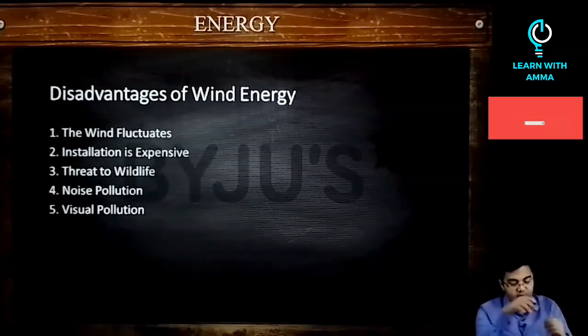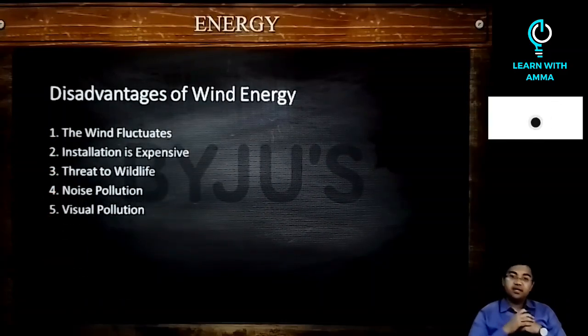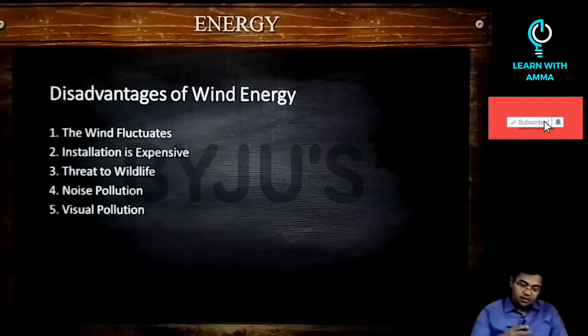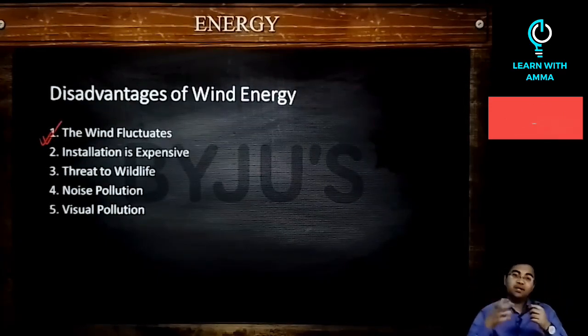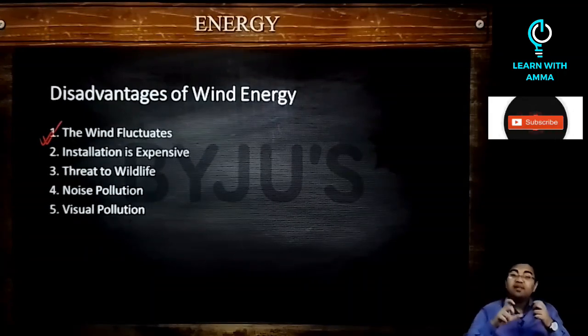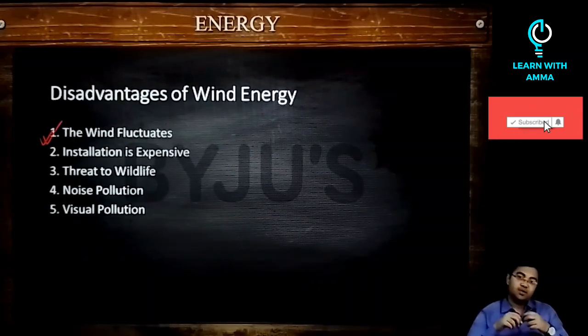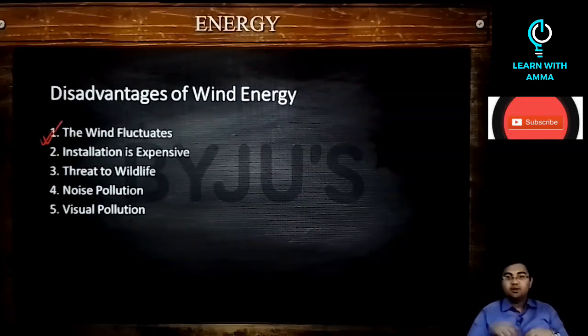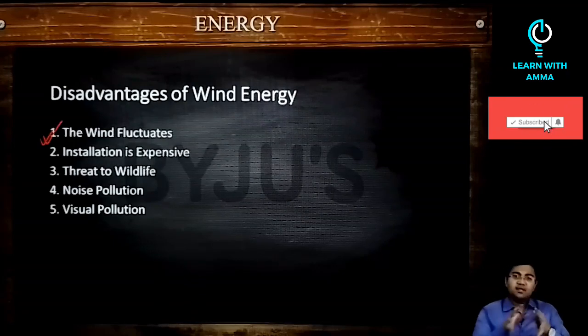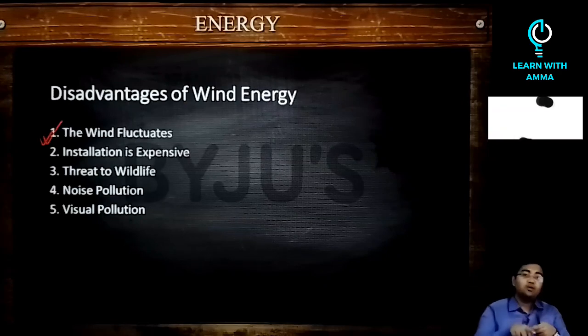Now, if we talk of the disadvantages of wind energy, the first and foremost is that the wind fluctuates. So you don't have a perennial supply of wind at each and every point. Maybe for the coastal areas, yes, you do. But wind energy is not a constant source of energy. You can say that it is sustainable and it will never run out, but the wind is not blowing all the time.